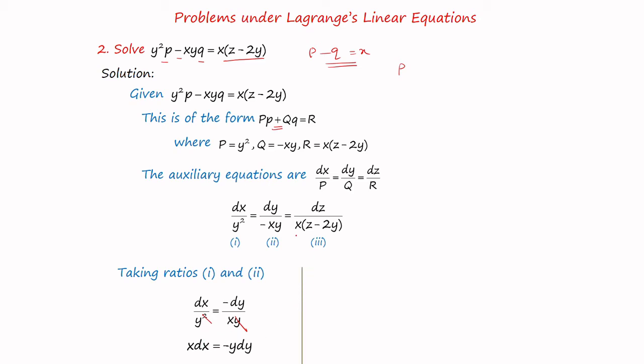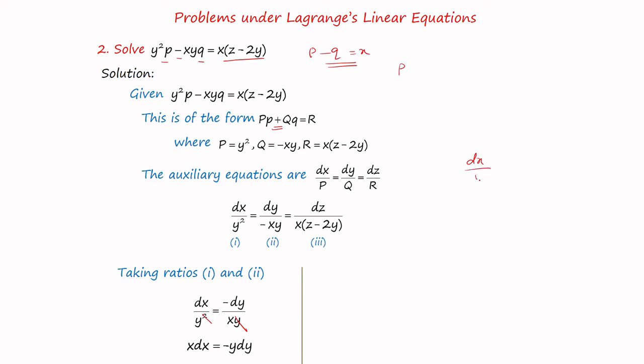Okay, and similarly next one we try to group the second and the third. Second and third, when you take, x gets cancelled and dy by y is there and dz by z minus 2y. Anyway y, z terms alone are present. Y, z, dy, dz alone are present and x's get cancelled when you take the ratios 2 and 3. Okay, we try ratios 1 and 3. What happened?